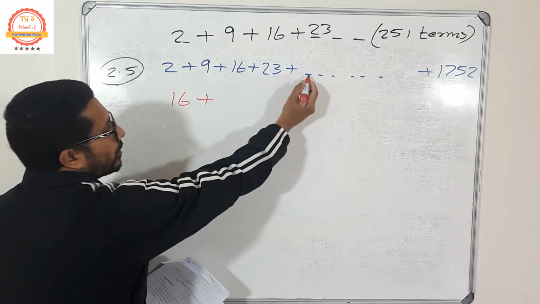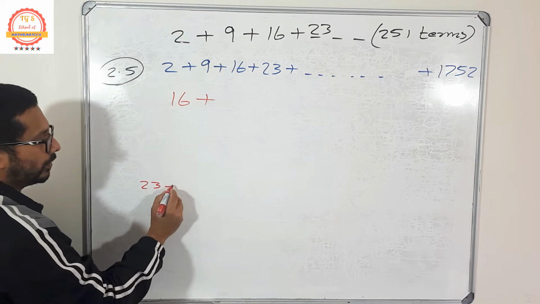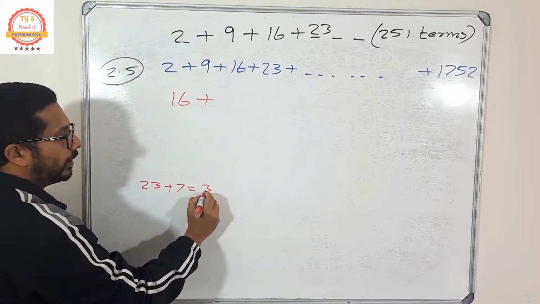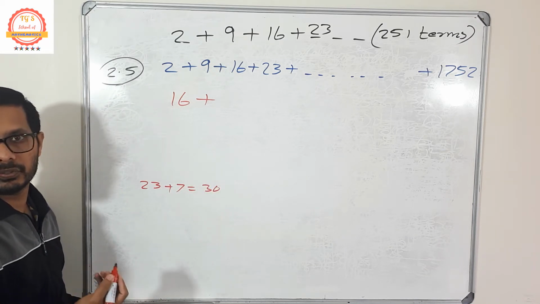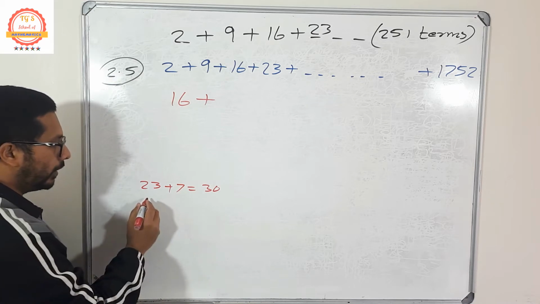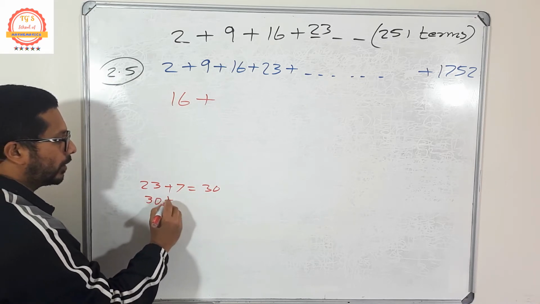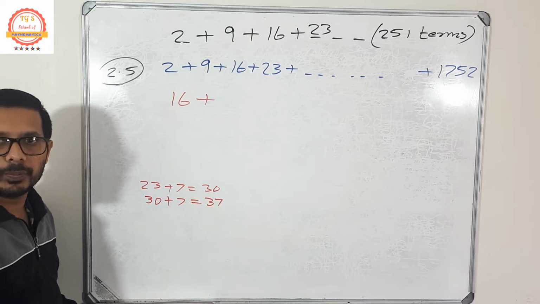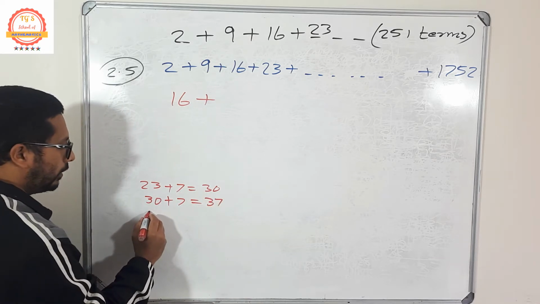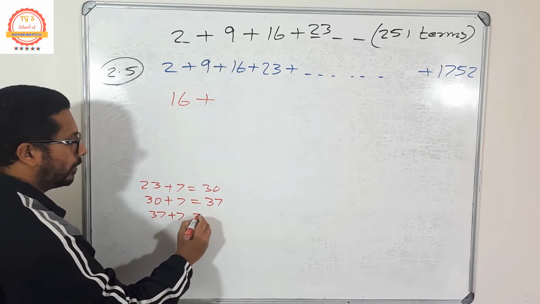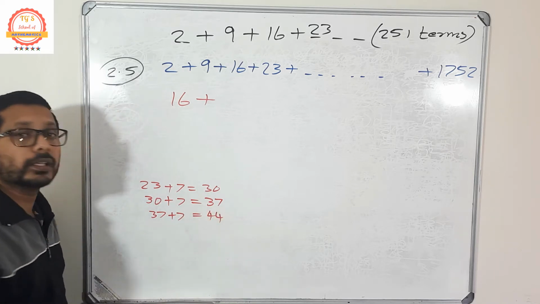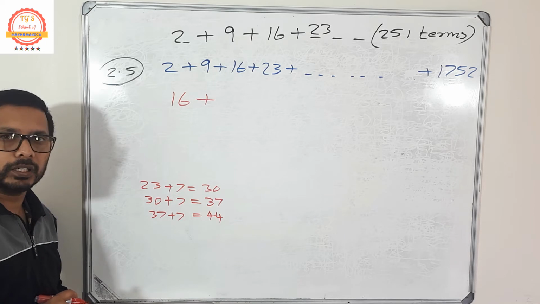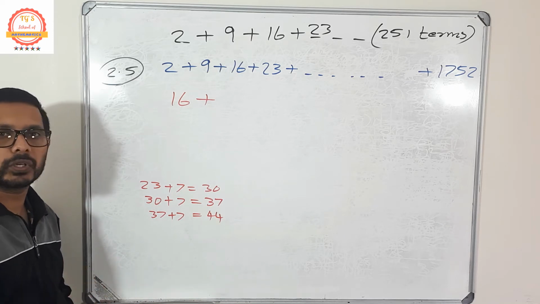So what is the next term? 23 plus 7 is 30. 30 is not divisible by 4, you know that. Then the next term, 30 plus 7, is 37, which is also not divisible by 4. Then 37 plus 7 is 44. Yes, 44 is divisible by 4; 44 divided by 4 is 11.